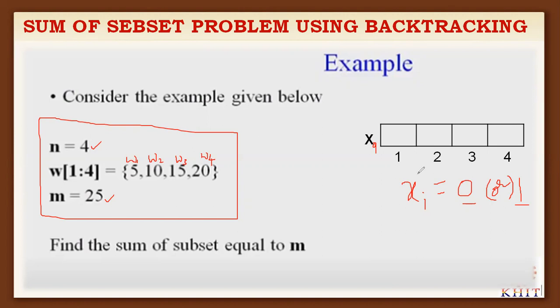Now let me fill the table. If I fill the table with zeros, how many elements are selected? Zero elements are selected, and the weight is also 0.